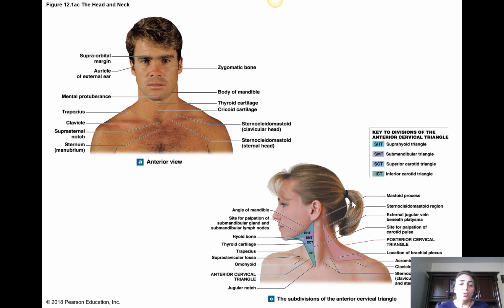So what you are going to do is go over the pictures that you have in chapter 12, and I will put those in the PowerPoints of chapter 12, and also I will put some for the lab. And define all the terms that you have here, find those. As you see, each picture has lots of structures.